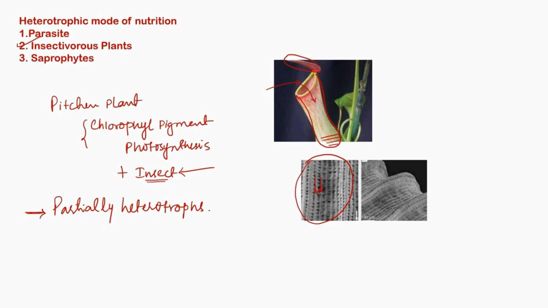So they cannot come out and they will get dissolved into the digestive juice present at the end of this large jug structure. So they will absorb all this nutrition from the insect body. That's why insectivorous plants are partially heterotrophs, as they suffice their need from both processes. First, photosynthesis, they make their own food, and the remaining nutrition need they take from the insect's body.